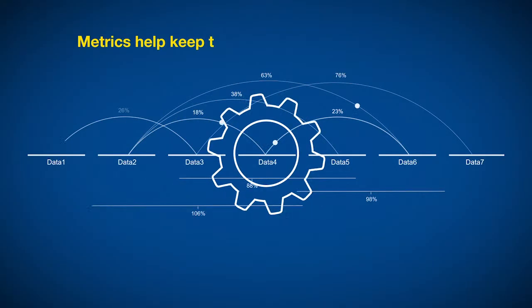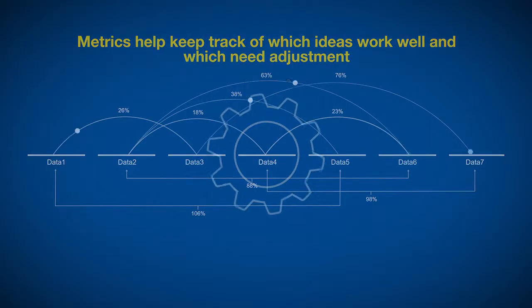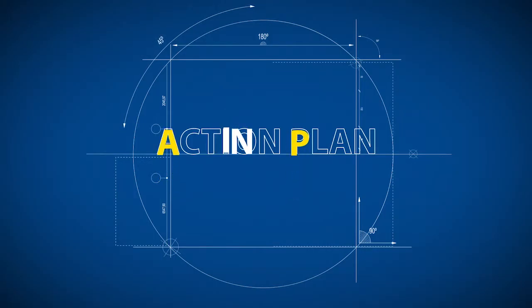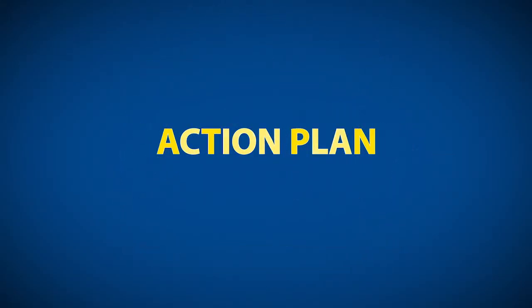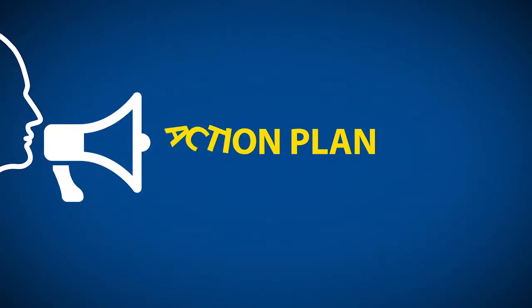Metrics help keep track of which ideas work well and which need adjustment. Not all action planning ideas need to be new. The team may repurpose existing resources to make them work better. Once action plans are completed and approved by leadership, the action planning team drives implementation.